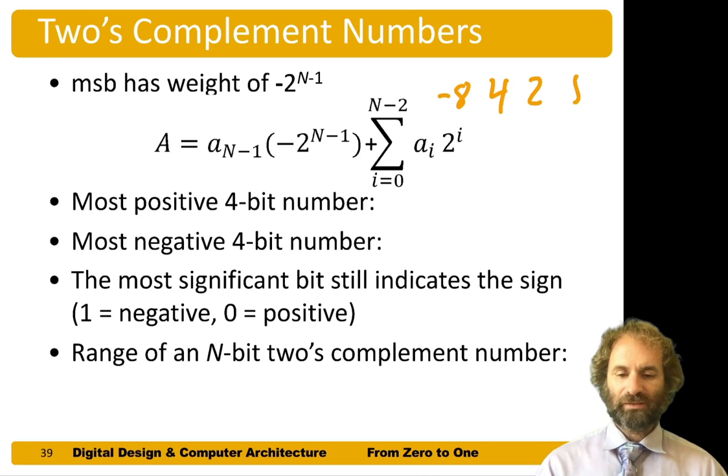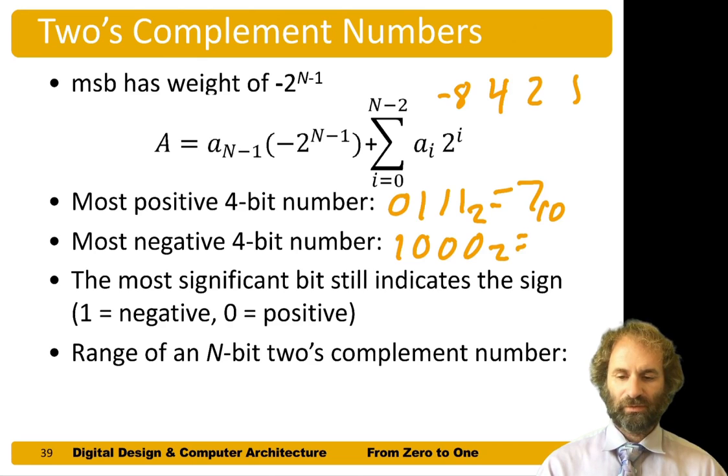The most positive 4-bit 2's complement number would be no negative 8s, a 4, a 2, and a 1, which makes 7. The most negative would be a negative 8, no 4s, no 2s, no 1s, and that's negative 8.